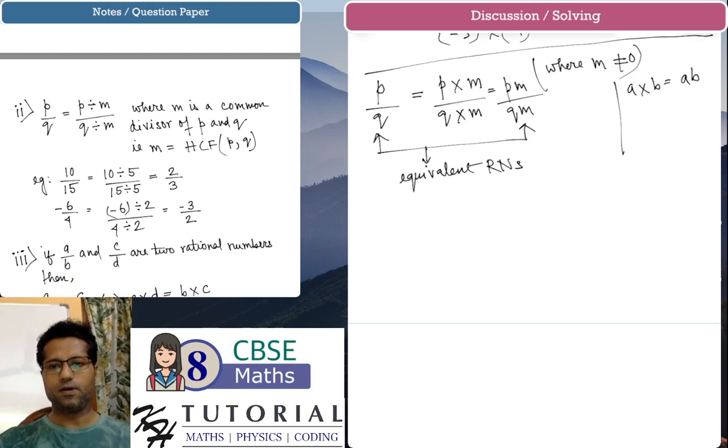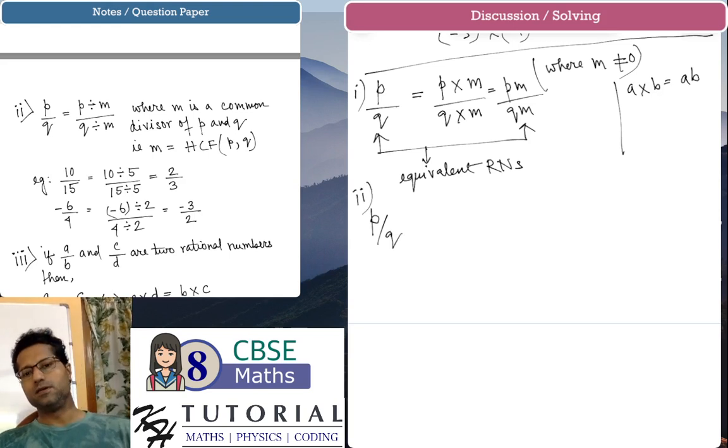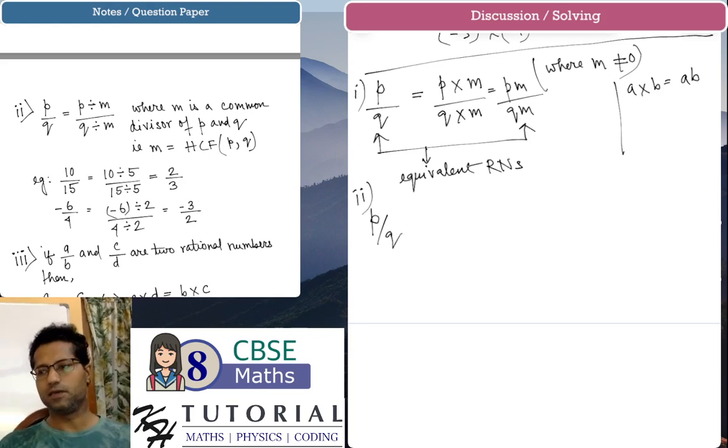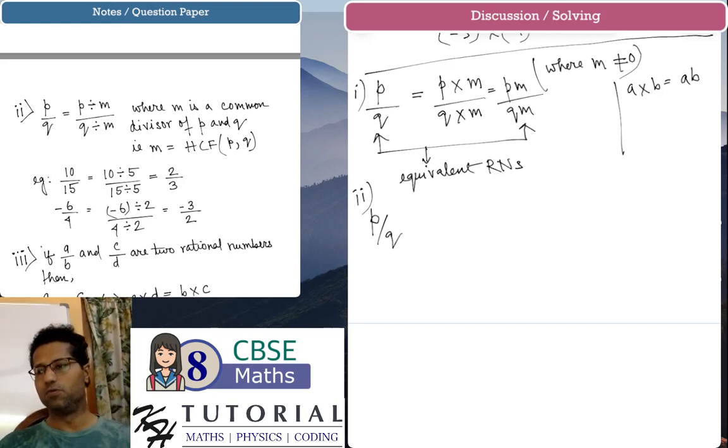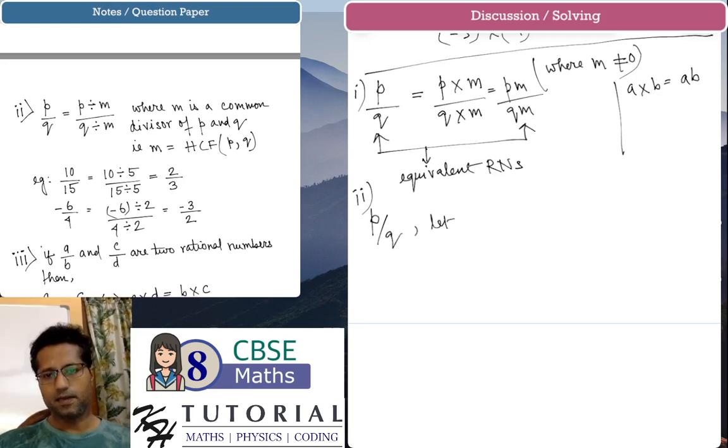Similarly, this was property 1. If you have a rational number p by q, and you see that the common divisor of p and q is not equal to 1, that is, p and q have a common divisor, so let's say the HCF, that is the highest common factor of p and q, is equal to m, and m is not equal to 1.